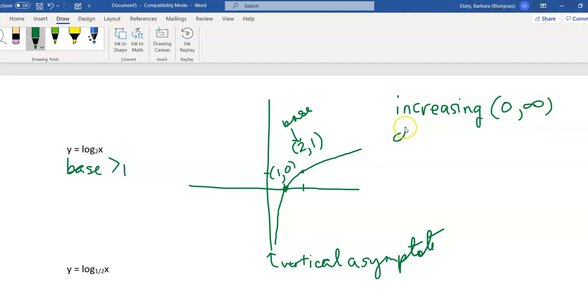All right, now our domain is exactly where it's increasing, 0 to infinity. Our range, though, does go down forever and up forever. So our range is negative infinity to positive infinity.